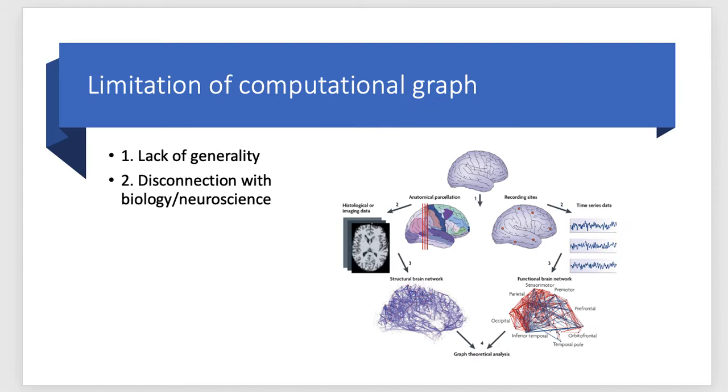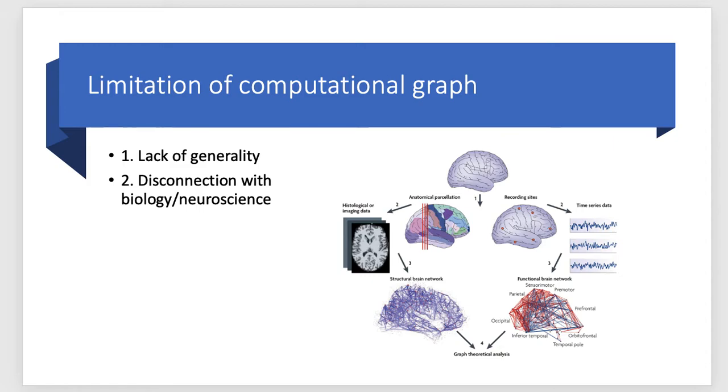There are some limitations of the aforementioned computational graph. The first one is lack of generality. First, computational graphs are constrained by legal graph properties. For example, computational graphs have to be directed and acyclic, which is a DAG, so the data flows from input to output in one direction.